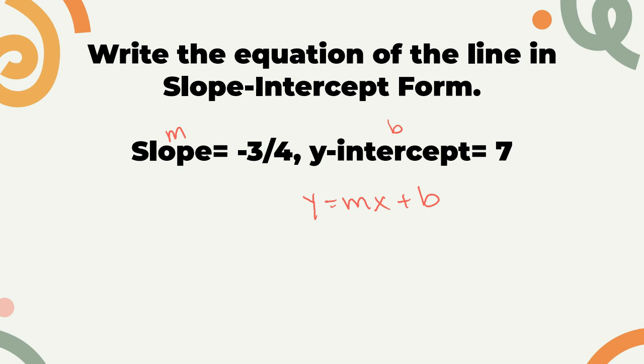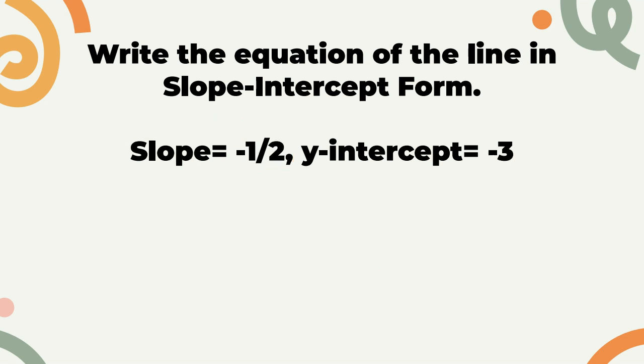We plug it in. We have y equals, we plug in negative 3 over 4 for m, x stays x, and then we have our y-intercept as 7, so we have plus 7. And bada bing, bada bang, we have the equation of our line.